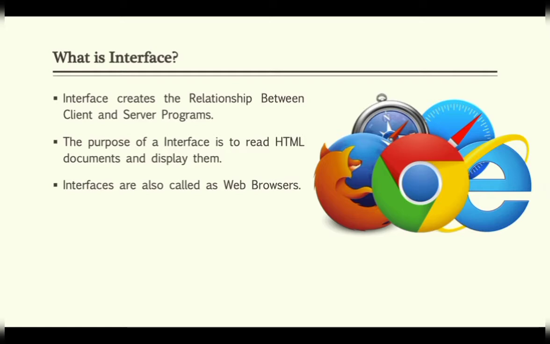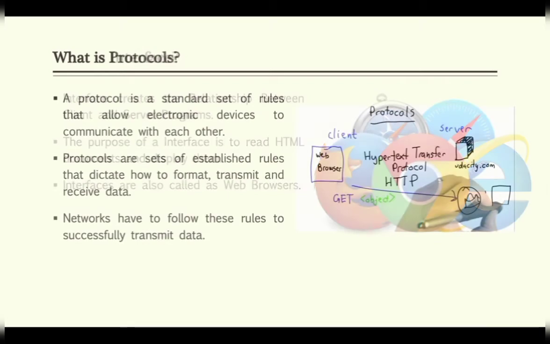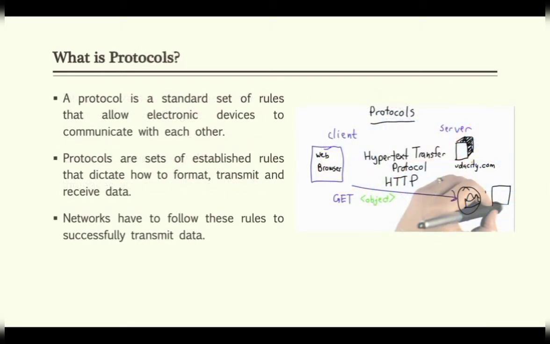And next one, what is protocol? Protocol is nothing but a set of rules to allow electronic devices to communicate with each other. We can say one more way, a set of established rules that dictate how to format the content, how to transmit the content, and how to receive the data.